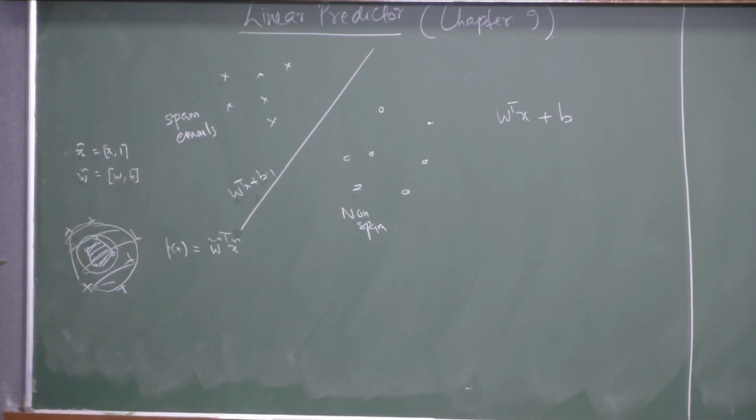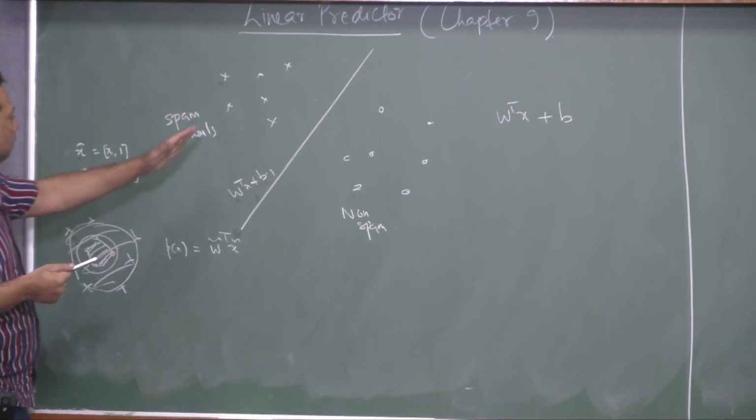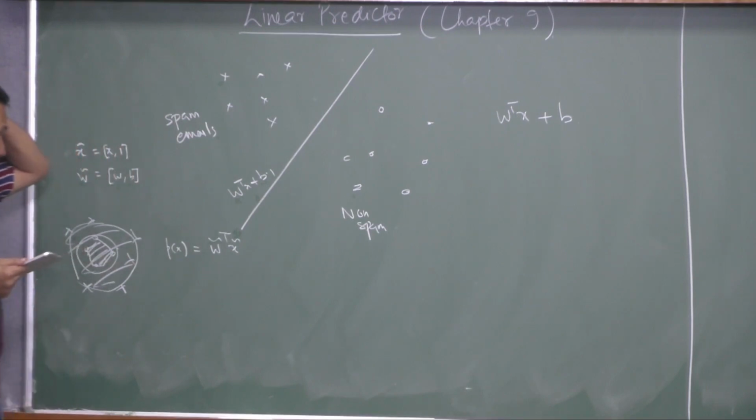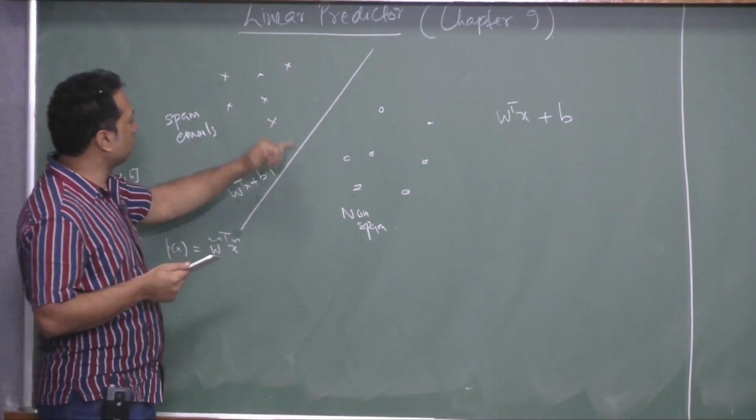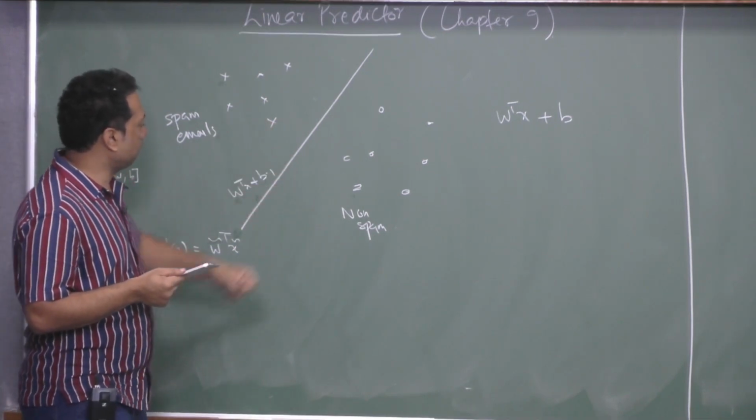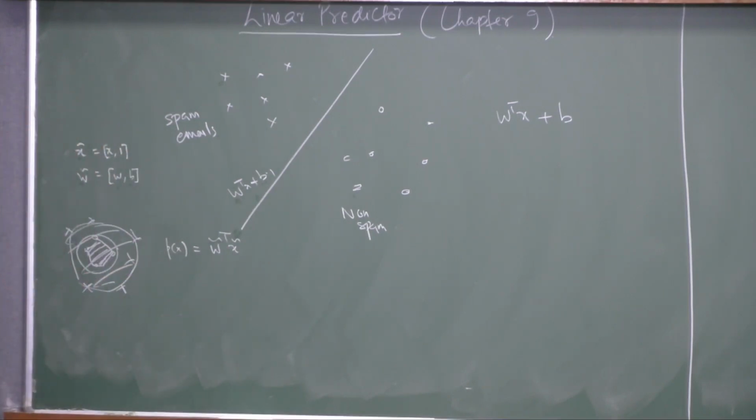So then the learning problem is about finding this plane, but this plane itself has to give us some pointers on which data is where. So we said that we need some way to tell which side is which.